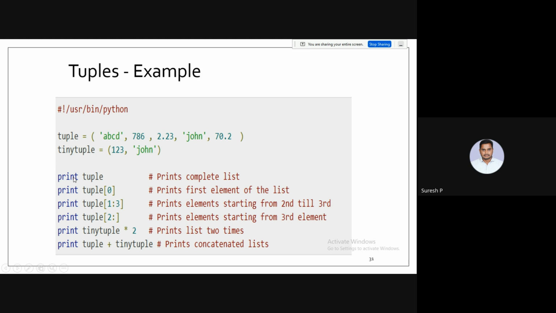Print tuple means the entire tuple will be printed. Tuple of 0 is called indexing, only one element, ABCD, will be printed. 1:3 means slicing. 1 is the starting index and 3 is the end value minus 1, so 1 and 2 will be printed. And 2: means 2 will be the starting index, the end value is not specified, so up to the last element will be taken.